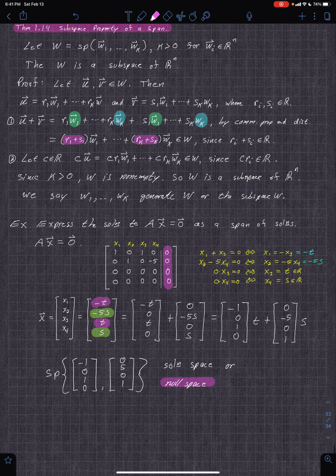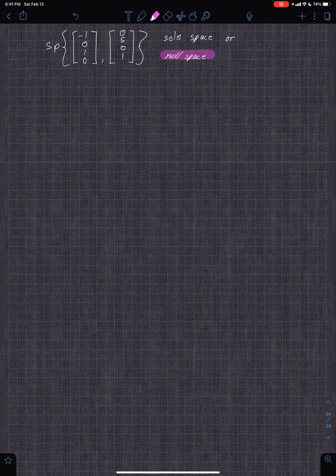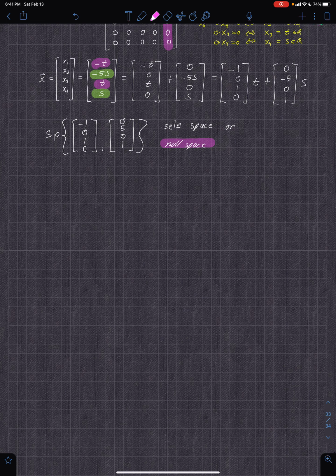Let's continue to the next thing. So this is defining, so that's the null space. We're going to define the row space and column space next. So here we go. So here's a definition. We're going to let A be an m by n matrix, does not have to be square in this case.